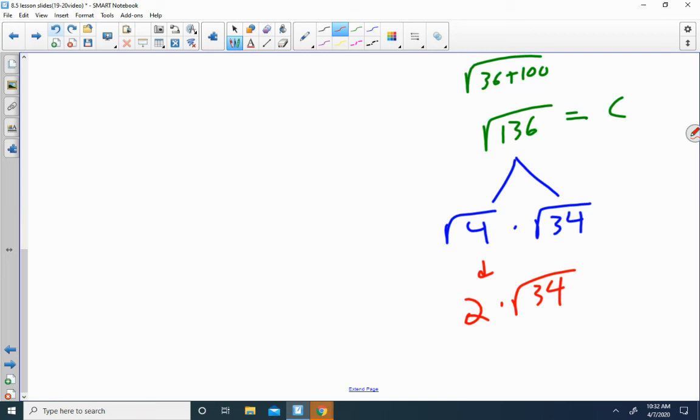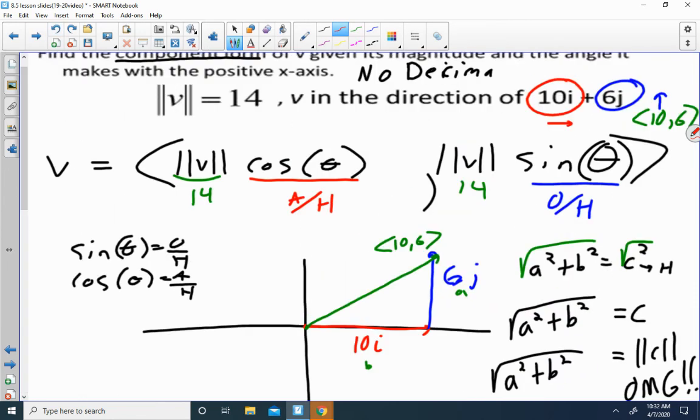And unfortunately, 34, that's as simple as it gets. So then that is our hypotenuse, or our magnitude. So let's let our hypotenuse be 2 square root 34.